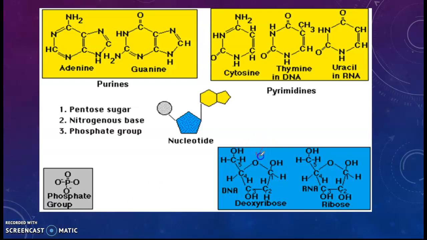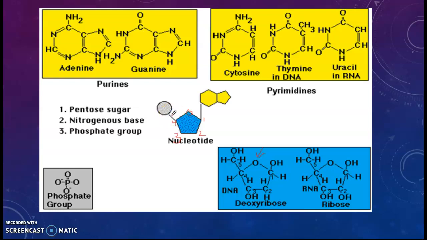So right here is our most electronegative molecule. So as we go around here, remember, this is our oxygen. So we have carbon 1, carbon 2, carbon 3, which becomes important later on, carbon 4, and then way up here is going to be carbon 5.